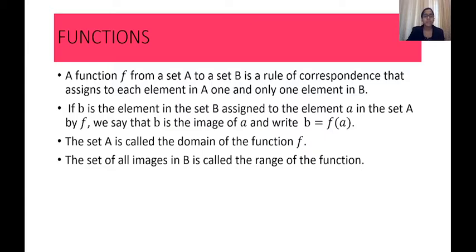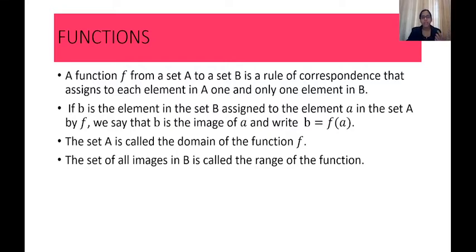So if b is the element in the set B assigned to the element a in the set A by f, then we say that b is the image of a and write b is equal to f of a. These are just the notations. I'm just revising the things which you already know.